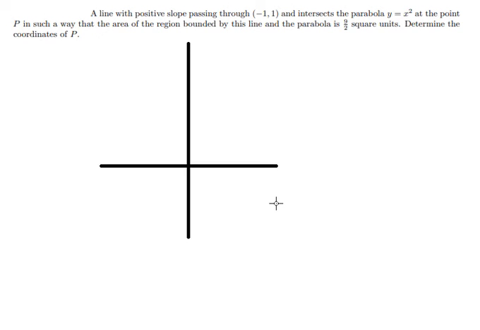We need to graph the function y equals x squared. The graph should be like this. Now if we look carefully at the point (-1, 1), this point belongs on the parabola in here.